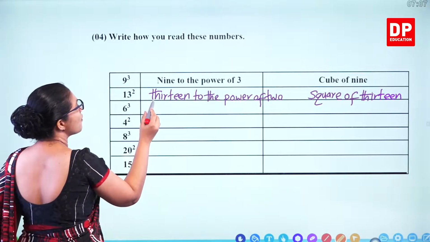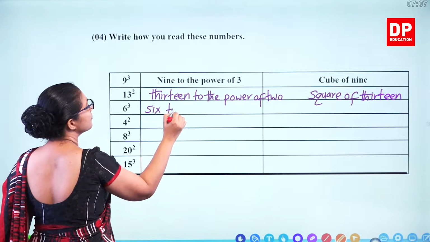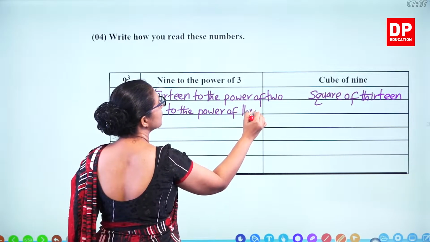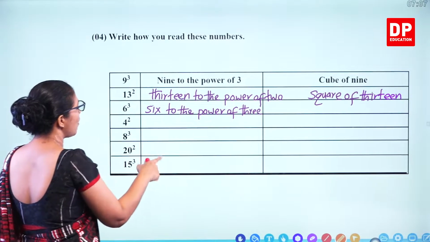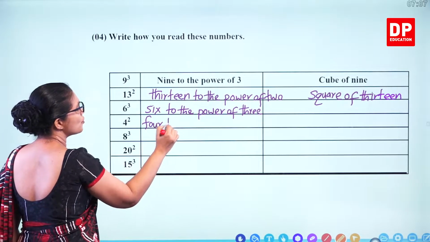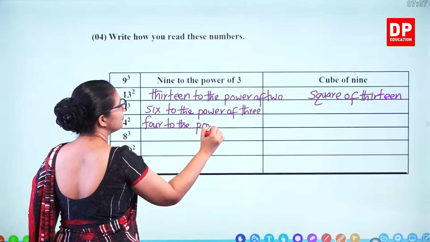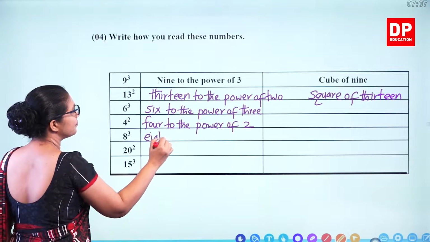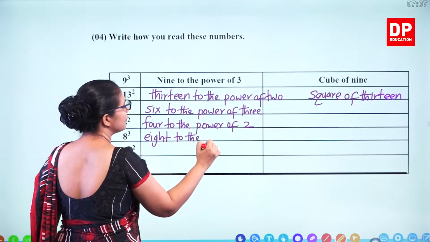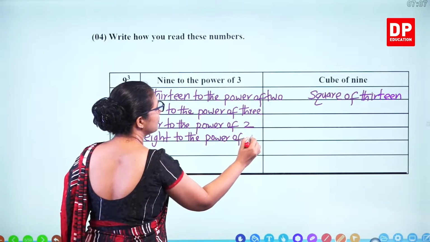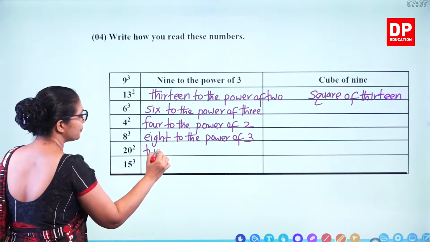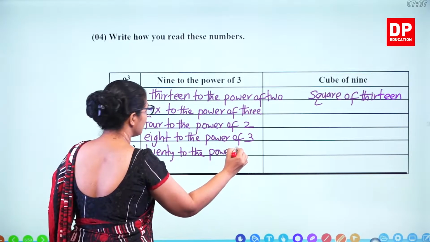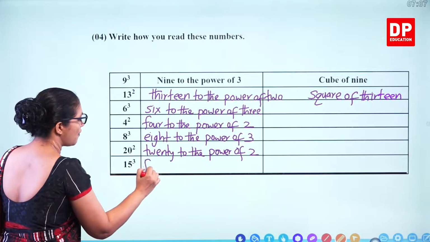Here, 6 to the power of 3, 4 to the power of 2, 8 to the power of 3, 20 to the power of 2, 15 to the power of 3.